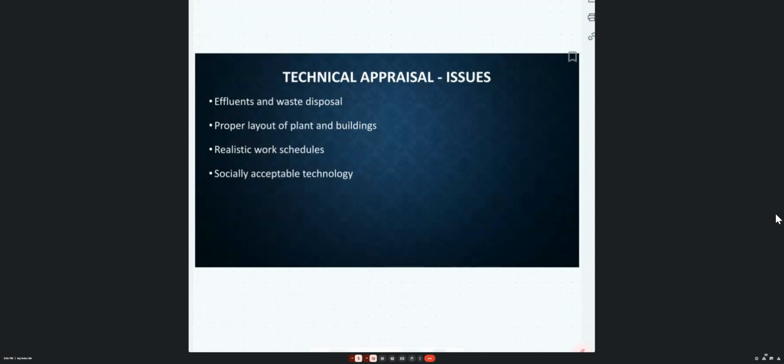Then, of course, realistic work schedule. And realistic falls both ways. So you don't want it too short, you don't want it too long. Otherwise, you might also realize that you might take too long and the project is overtaken by newer technology.